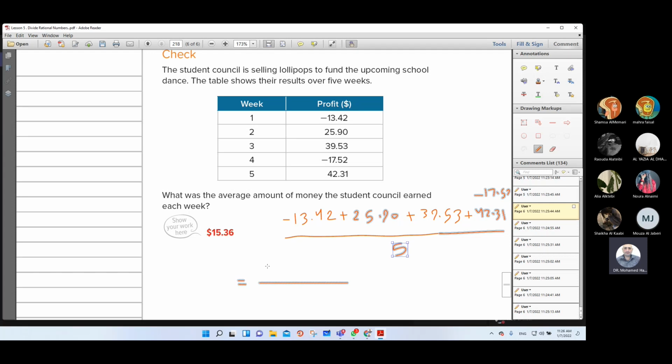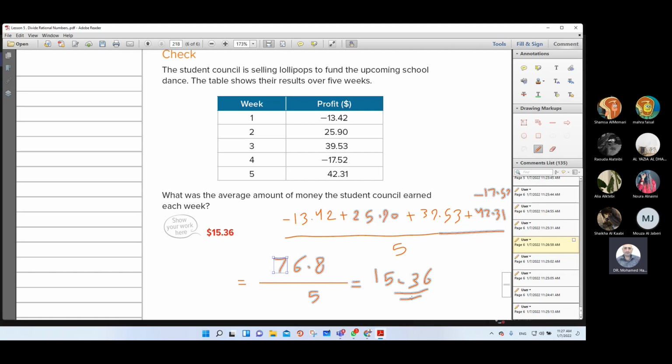So the answer will be 76.8 divided by 5. So the answer will be 15.36. So this is the meaning of the average.